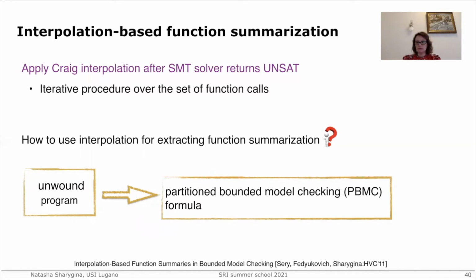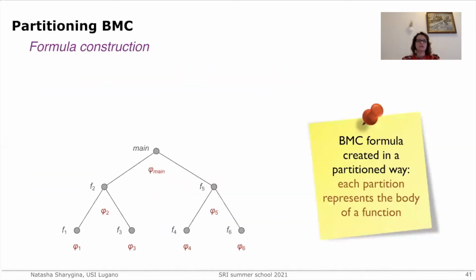How are we going to construct the PBMC formula, the partitioned bounded model checking formula? Here is an illustration. Here is the control flow graph of some program, and as you can see, there is the root function, the main function, which possibly could call up to six other functions in the way represented in the picture. Each function has its own body of all the computations which it performs.